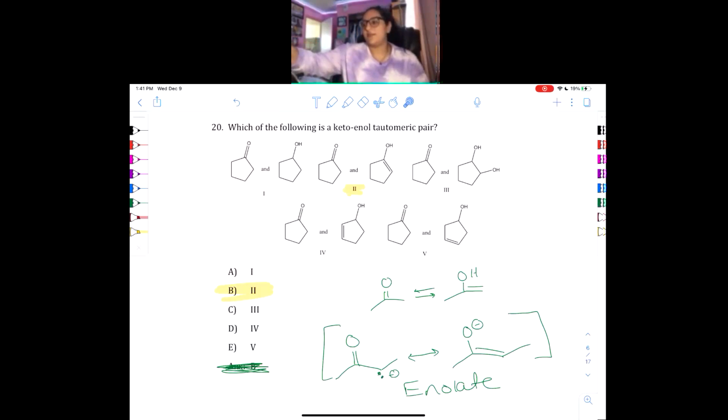You don't have to give me the definition, just in general, what's the difference? Yes, tautomers are constitutional isomers that interconvert in acid or base. So we're physically taking a hydrogen and moving it somewhere else, whereas the resonance structures are just moving electrons. We're not breaking or making any real bonds, we're just moving those pi electrons. Absolutely right. Perfect answer.